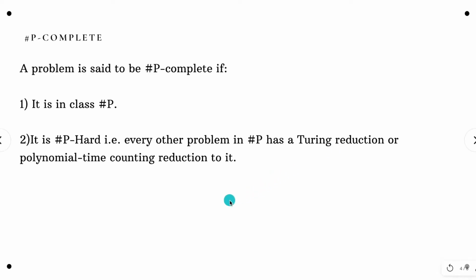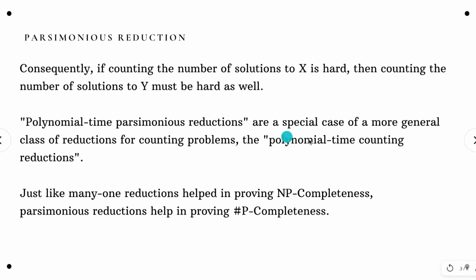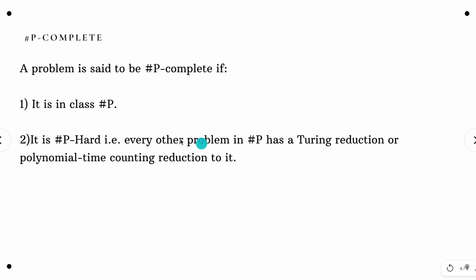And what is #P-hard? It means every other problem in #P has a Turing reduction or a polynomial time counting reduction to it. Polynomial time counting reduction we had just seen: it was the general class of reductions for counting problems, and parsimonious reduction was just a special case.